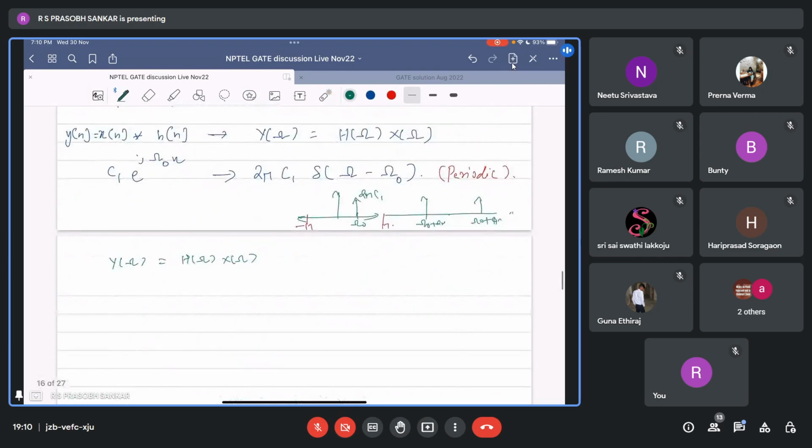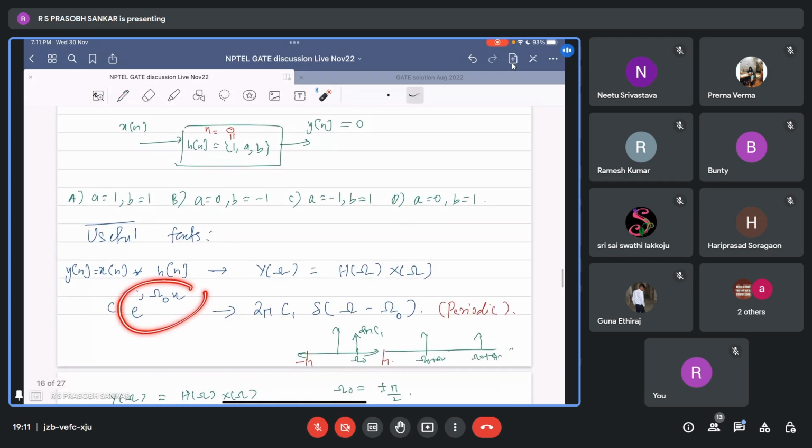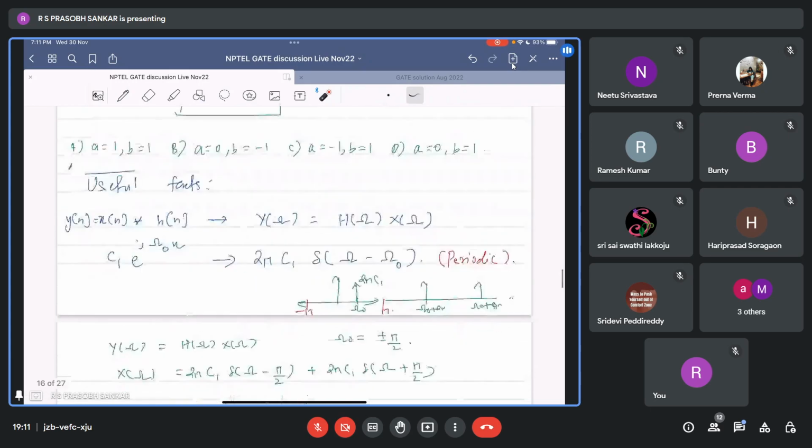So the Fourier transform of the input, X of omega, is given by 2 pi c1 delta of omega minus pi by 2 plus 2 pi c1 delta of omega plus pi by 2. Basically, I substitute omega naught equal to plus or minus pi by 2. Why do we have that? Because this is of the form e raised to j omega naught n, and our signal is e raised to minus j pi by 2 n and e raised to plus j pi by 2 n. This is fine, no?